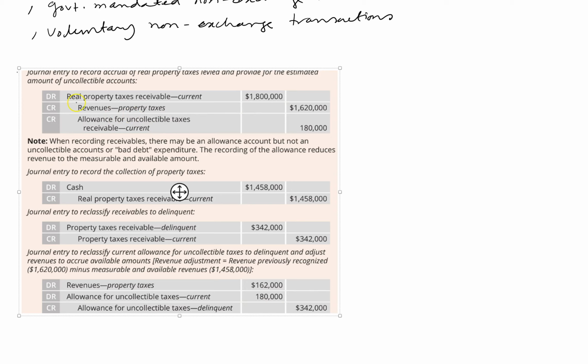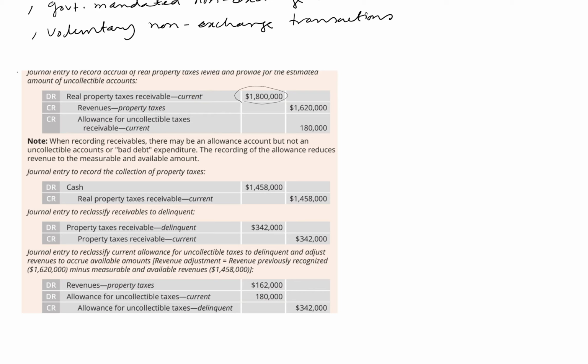So they will debit real estate property tax receivables, and this is the amount, 1,800,000, and at the same time they estimated that 10% of that they will not be able to collect. So 10% of it is uncollectible, so they will show it as allowance for uncollectible tax. This is for your current period, because remember, this focuses on current year's receivables and revenues.